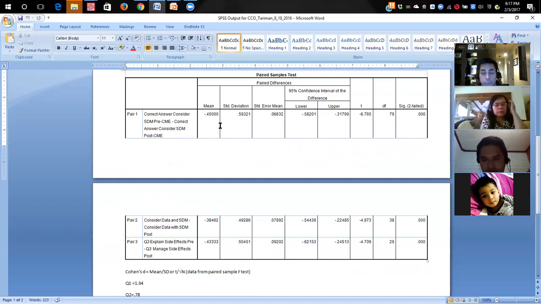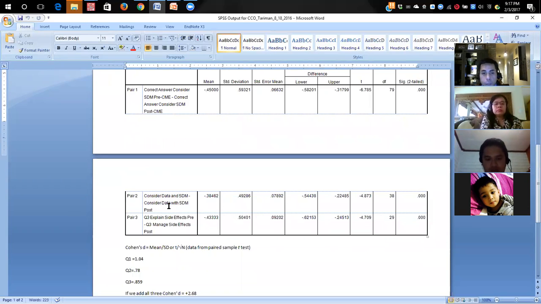So we're very happy. We know that our intervention made a difference. Same thing with: will they consider the data, and what was their correct answer, and will they consider the data with shared decision making after the post video education intervention, and we get a minus 0.38 mean again.